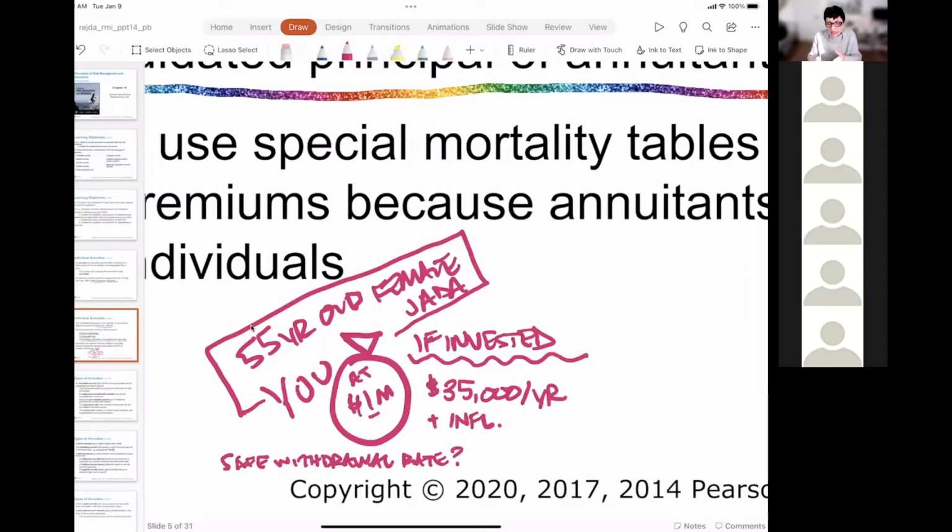But it's not such a great situation if you don't like market risk and if you're afraid that you're going to outlive your money. So in this situation, it's you and your money, and you're like, who can help me? Who can guarantee me against market risk and against living too long? Well, enter the insurance company.